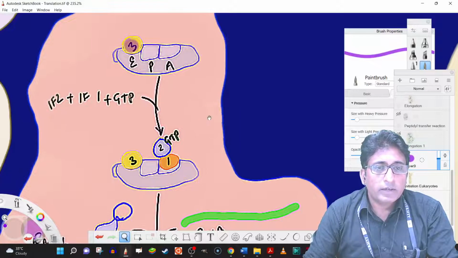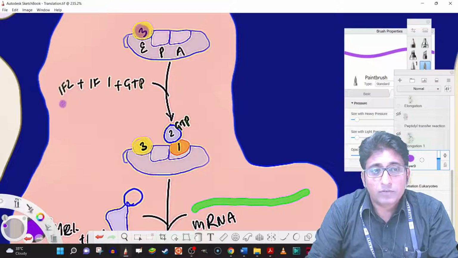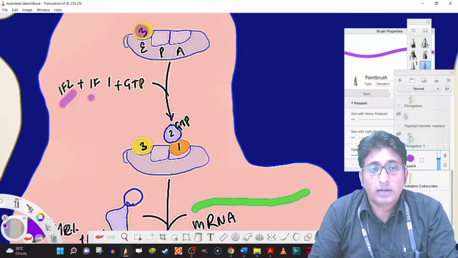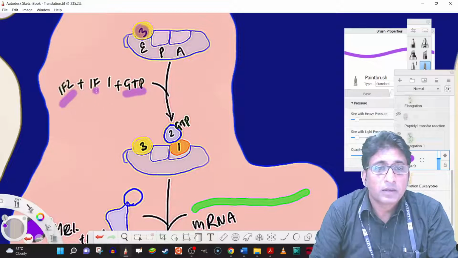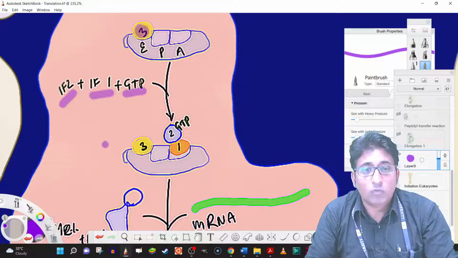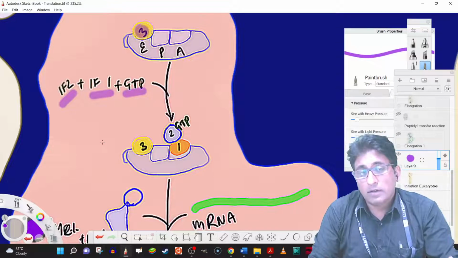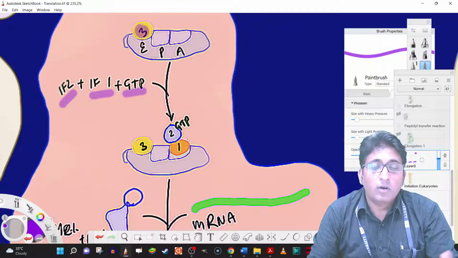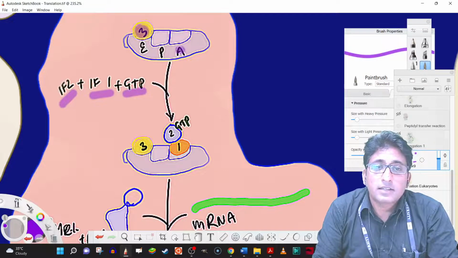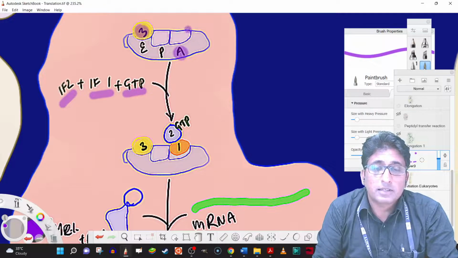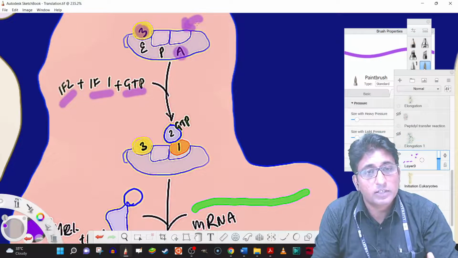So then we have the loading of IF2, initiation factor 2, along with GTP, and also initiation factor 1. Initiation factor 1 is responsible for occupying the A site. The A site is the amino acid site, where the incoming tRNAs usually bind during the elongation phase.